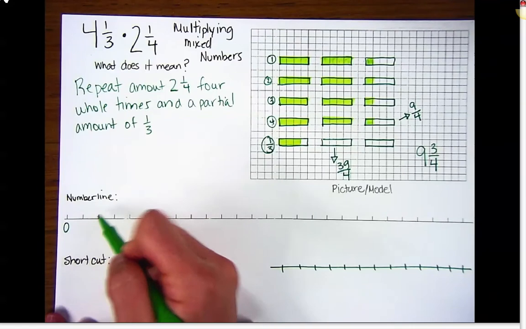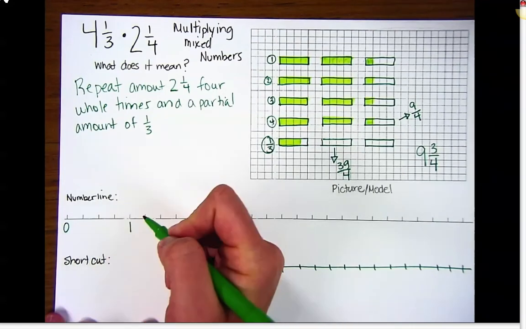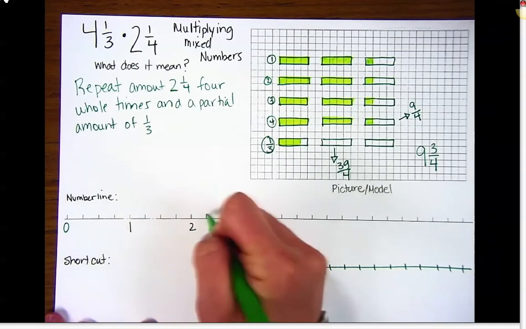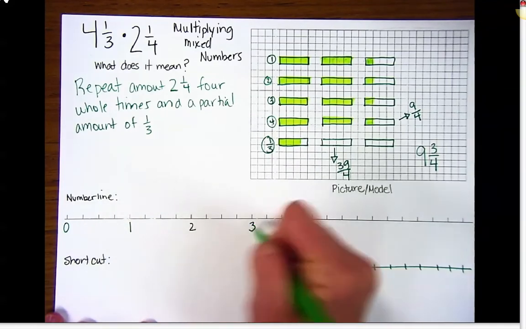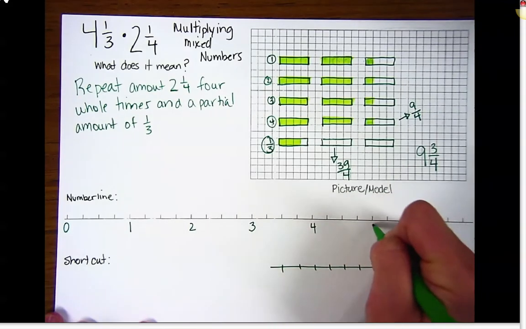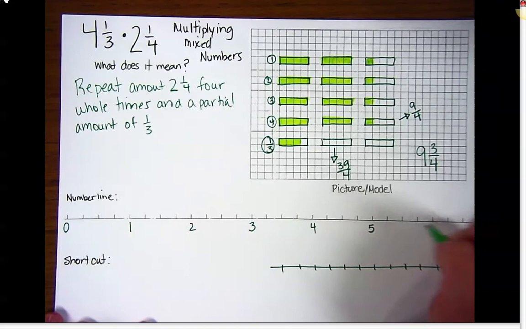So 1/4, 2/4, 3/4, this is going to be one whole. 1/4, 2/4, 3/4, 2 whole, 1, 2, 3, 3 whole, 1, 2, 3, 4 whole, 1, 2, 3, 5 whole, 1, 2, 3, 6 whole.